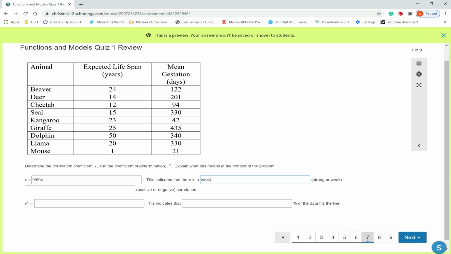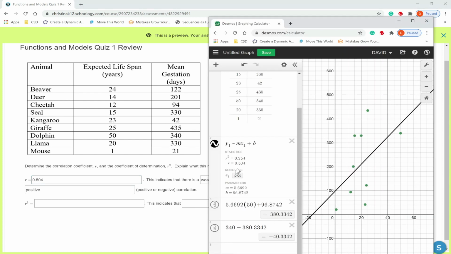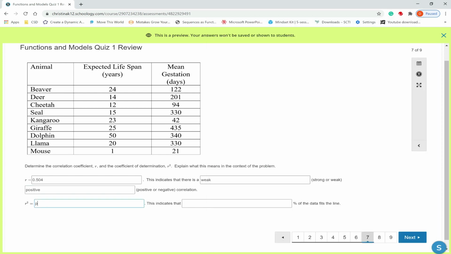So let's say weak positive, since it's a positive number, correlation. And that should be a decimal, not a slash. Our R squared value is also given to us. That's 0.254. And that tells us 25.4% of the data fits the line.